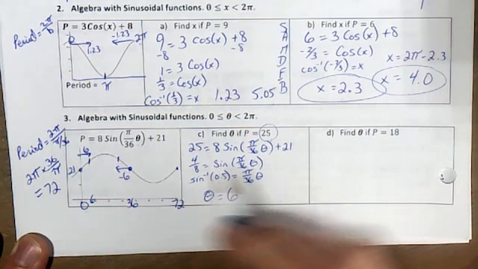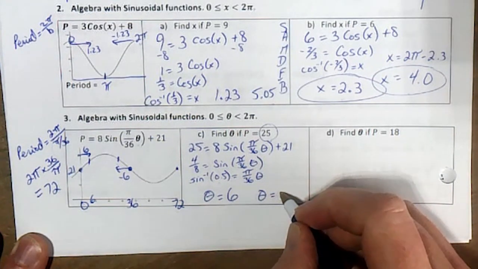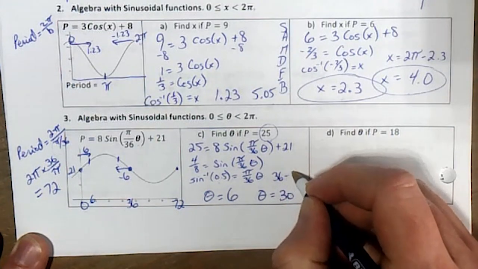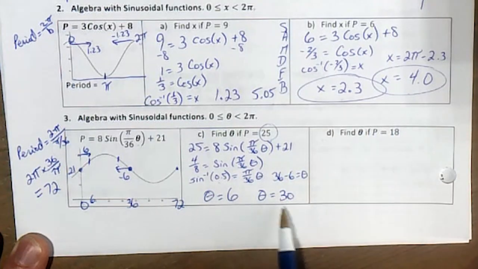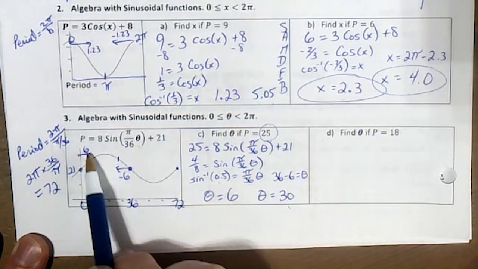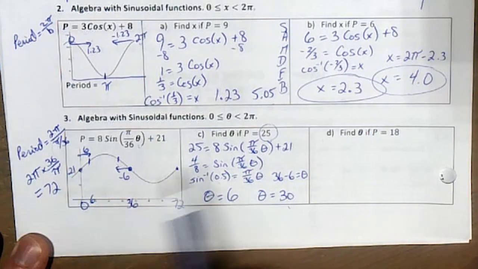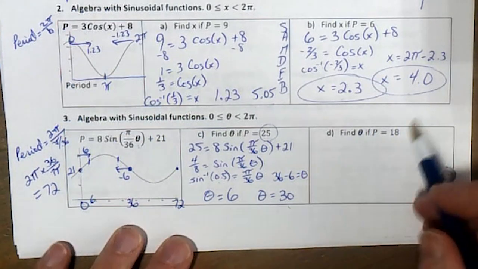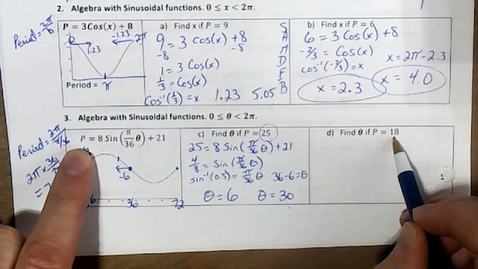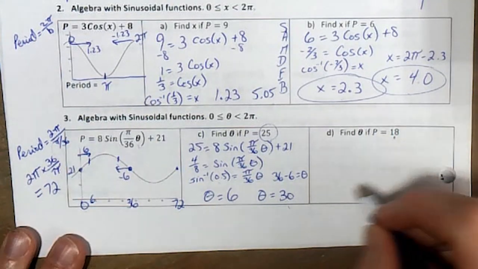I'm going to subtract 6. So the second answer is 30. 6 and 30. And if you want, you can check your work. Take that number, plug it in, type everything into the calculator, and you should get 25. Okay, pause the video. Try this one. We're trying with 18. Plug it in. See if you can get both answers.